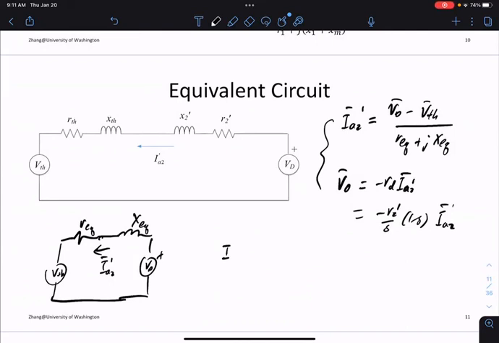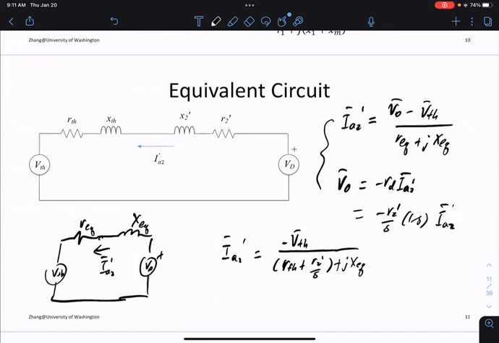And then IA2 prime, as expected, becomes minus VTH over RTH plus R2 prime over S plus JXEQ. So this is the current we have in the system.